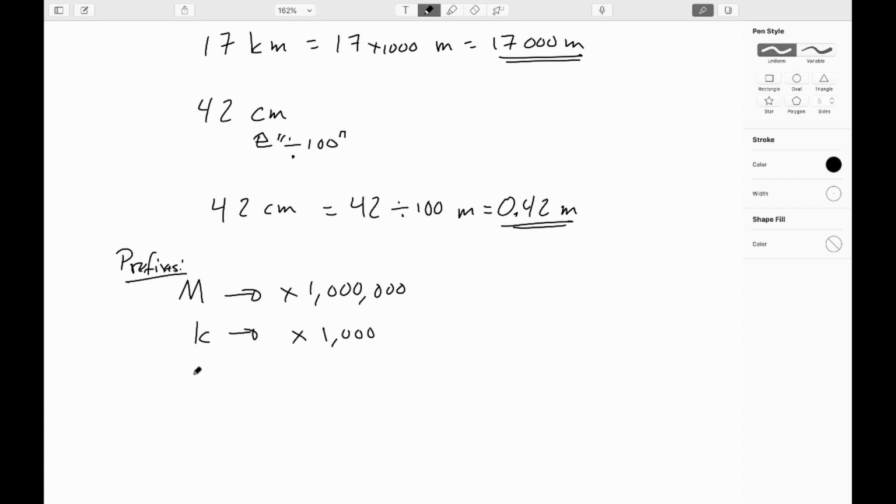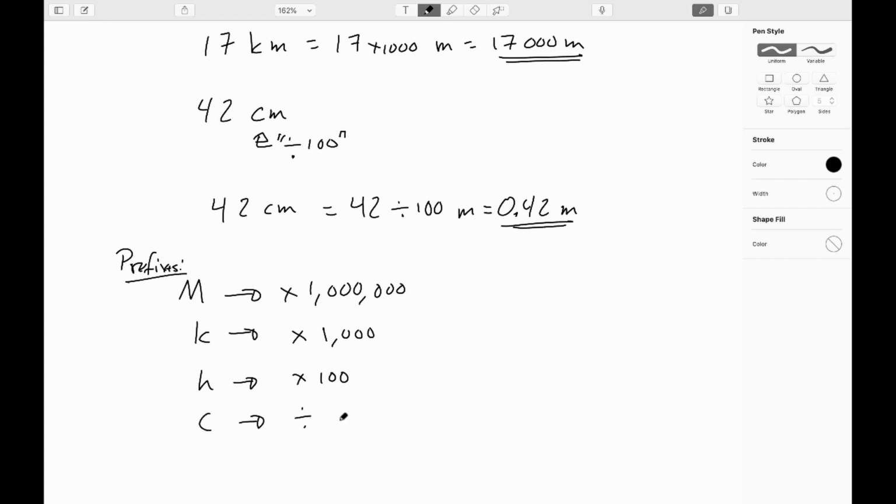When we get to dealing with pressures, very briefly, we might deal with the hecto prefix. When you see that, you can replace that with the instruction times 100. Other prefixes that we're likely to see in this course will be centi.